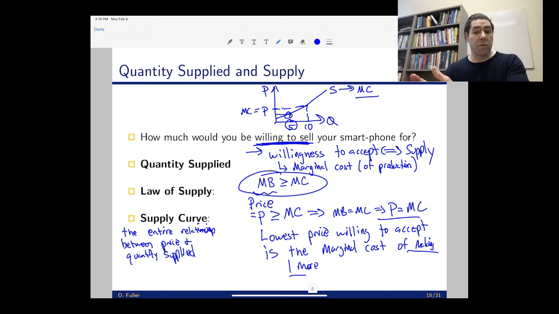The more I use the resource, the more expensive it gets to continue to get more out of it. So that is what underlies the law of supply. Marginal cost is increasing the more of something I want to produce. And you can think back to our oil example to make sense of that, right? Saudi Arabia, cheap. Arctic Circle, expensive. I need a higher price to go to the Arctic Circle than Saudi Arabia.